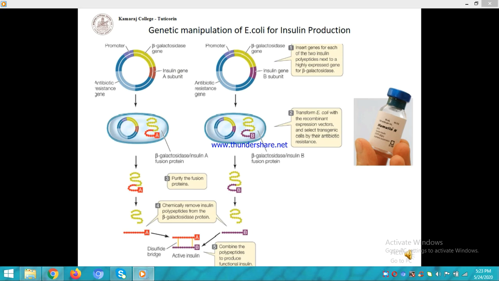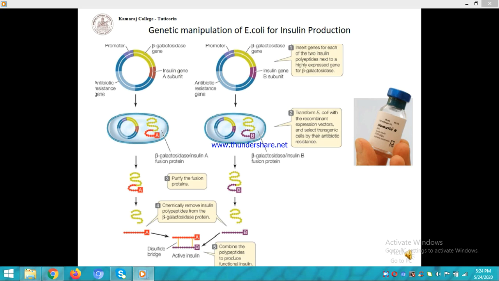So we have to cleave the insulin A chain and the insulin B chain from beta galactosidase using some chemicals. One such chemical is called cyanogen bromide. Using cyanogen bromide we can cleave the A chain and B chain respectively.